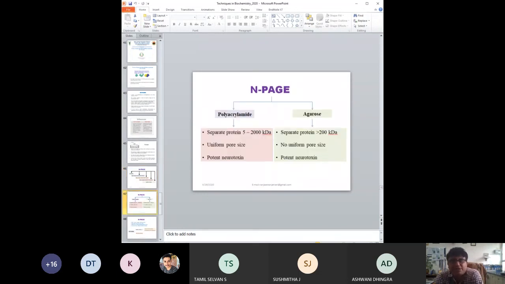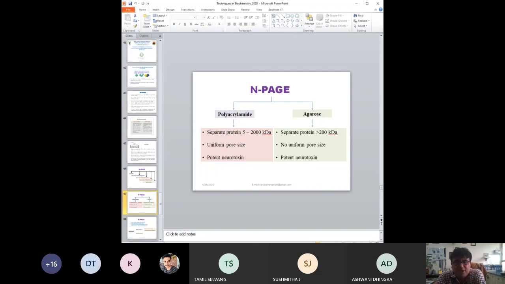We have one more classification which is based on the supporting medium which you are going to use. Native PAGE has been broadly classified into two different types based on the supporting medium, that is polyacrylamide and agarose, and their differences. Polyacrylamide is preferred where you are going to separate proteins of 5 to 2000 kilodaltons, whereas agarose is preferred where you have to separate proteins of more than 200 kilodaltons.